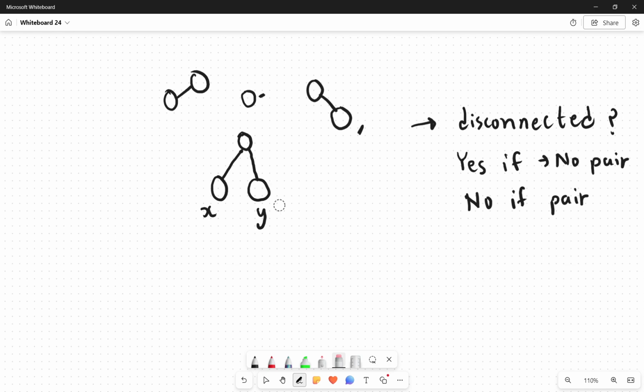Now this edge which was there has vanished, right? So for x and y to be the base of my graph, y should be here.